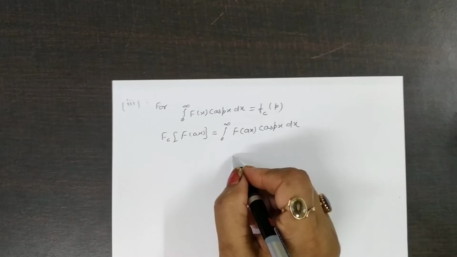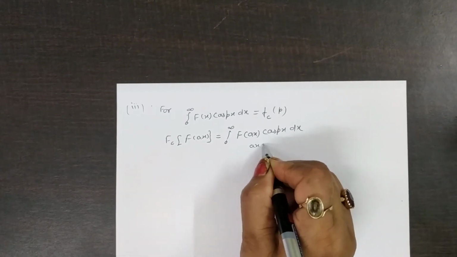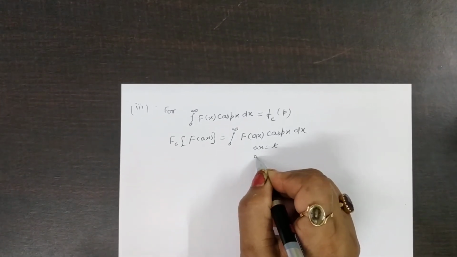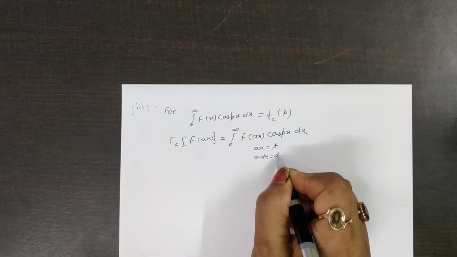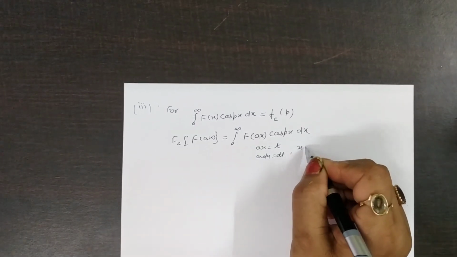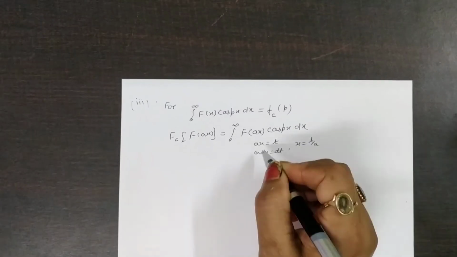Again substituting ax equal to t, then a dx is equal to dt, and x is equal to t by a.